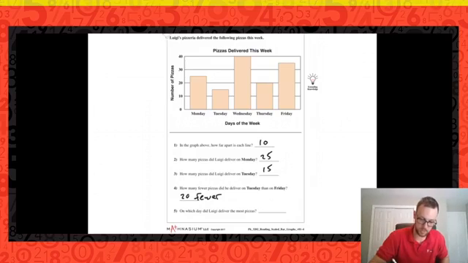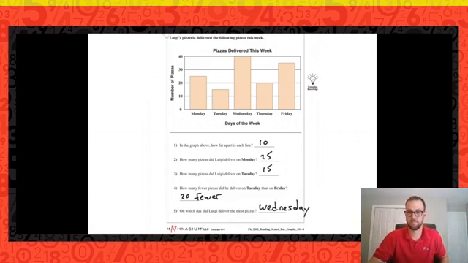Wednesday. Nice job. Delivered the most pizzas on Wednesday, because that is the tallest one. And we're looking for the number of pizzas. Very good. Nicely done.